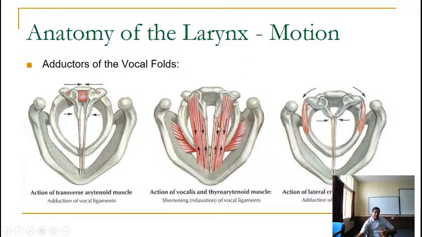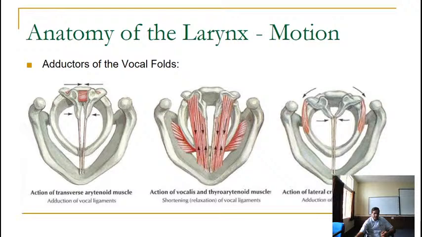These are the thyroarytenoid muscles, and the medial most muscle is the one called the vocalis muscle.